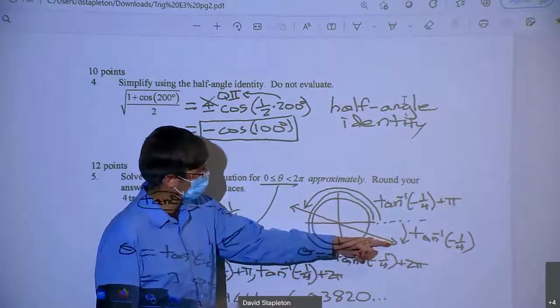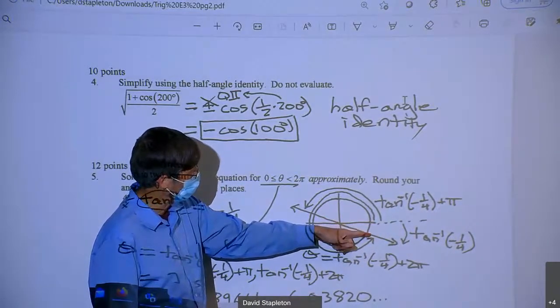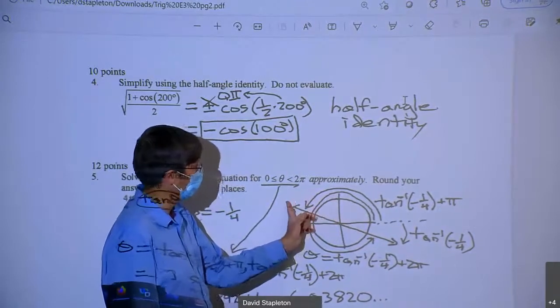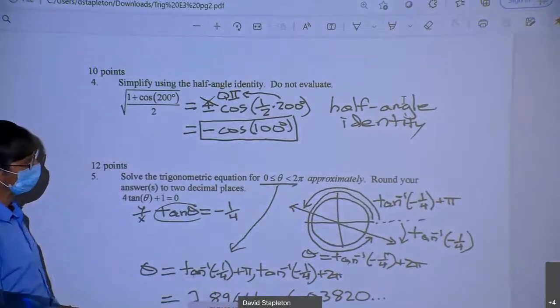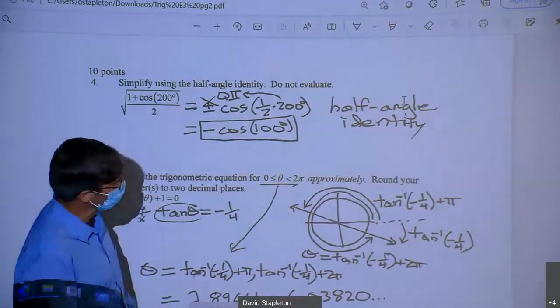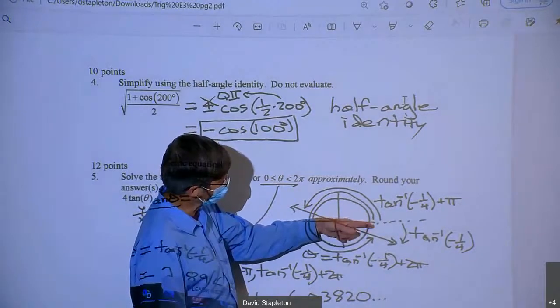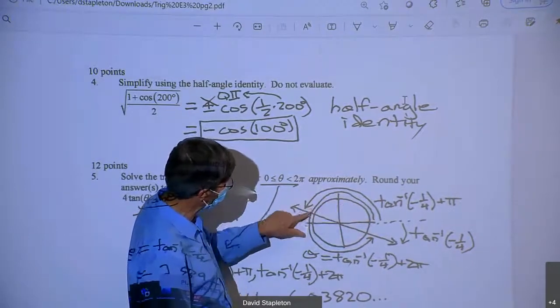So arc tangent of minus a fourth gives you an angle, but not positive. And arc tangent of minus a fourth plus pi, the opposite angle, also gives you the same tangent as minus a fourth. So what we want for the answer for angles within one rotation, instead of taking arc tangent, we'll take arc tangent plus a rotation, gives you this angle here, right?